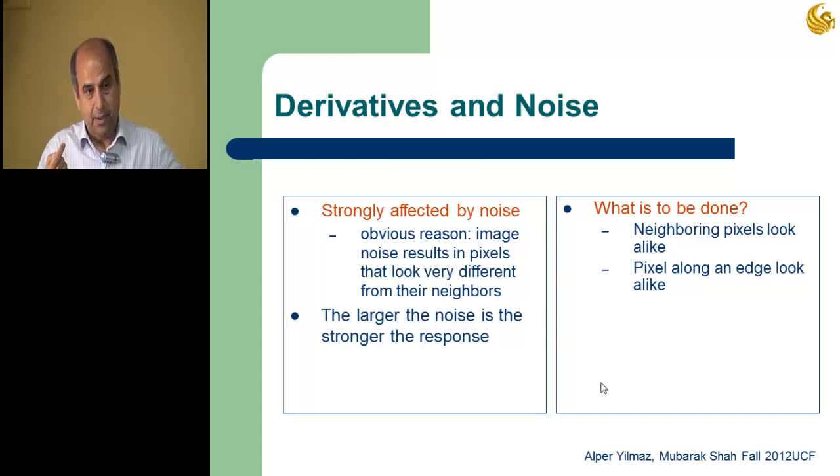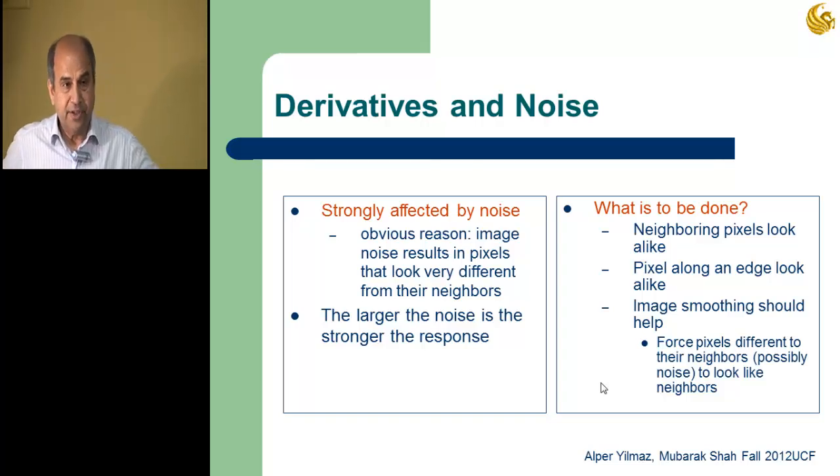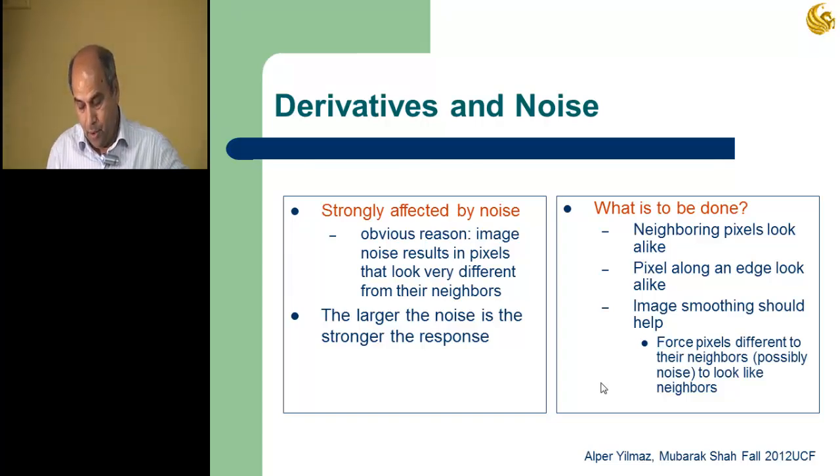So if a pixel randomly has some noise, a very high value, we know this is not correct. So we want to reduce it based on the neighboring values, and that's what the filtering does. We want to average out. Also, if you have an edge, the pixels around the edge should be similar, and also we need to smooth the image to remove noise and things like that.